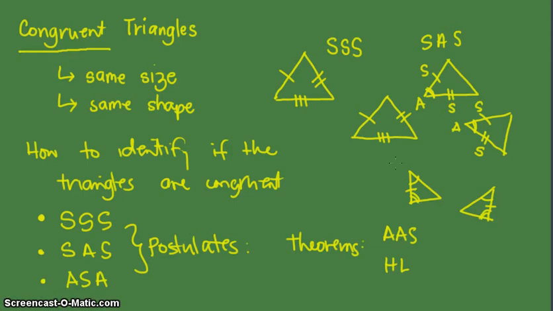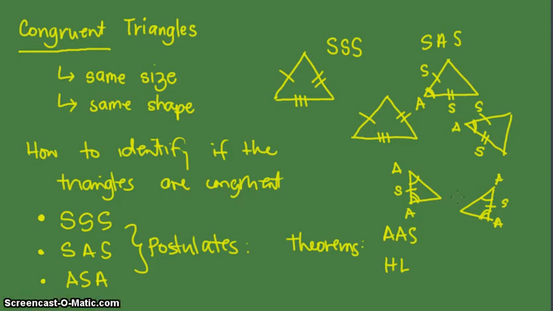So that's how you understand the three postulates. Angle, there's a side in between, so you cannot have a side that is not in between the two angles. Angle, side, and a second angle. By ASA, the two triangles are congruent.